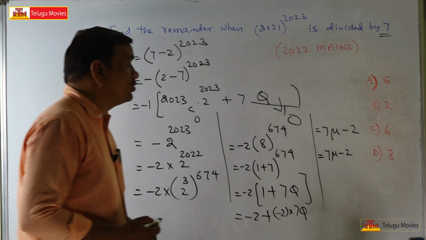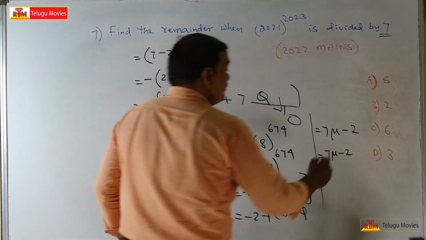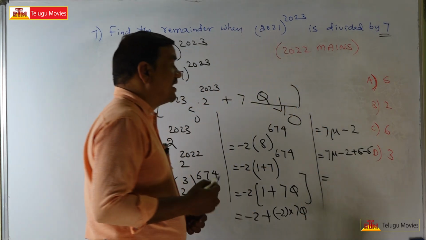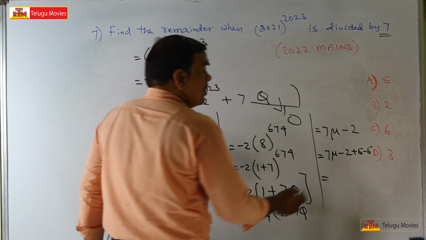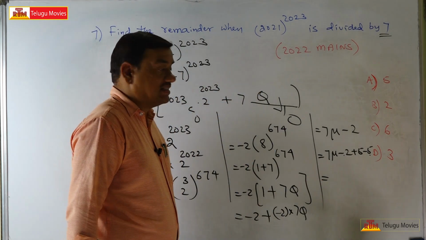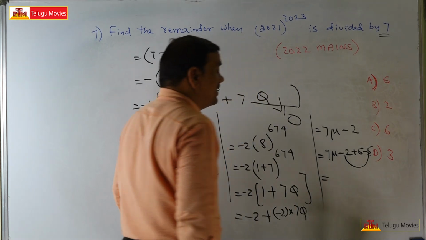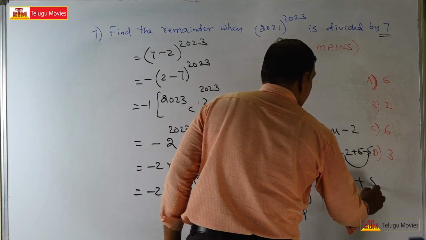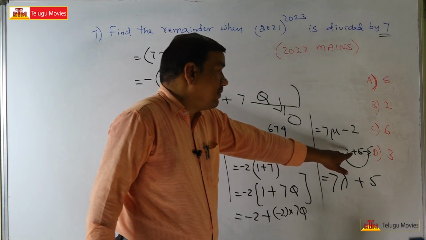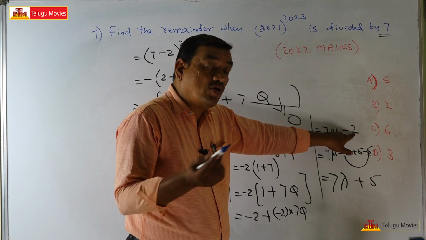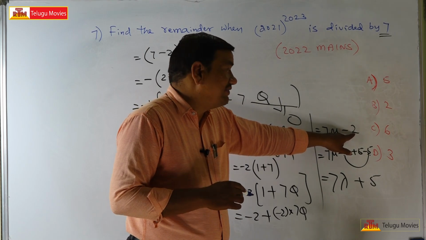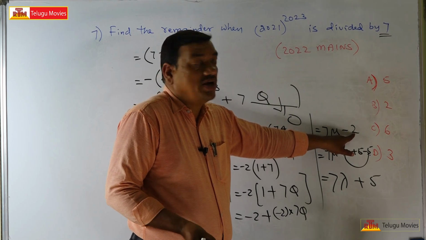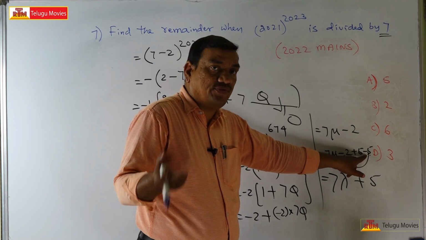To get a multiple of 7, add plus 5 and subtract 5.